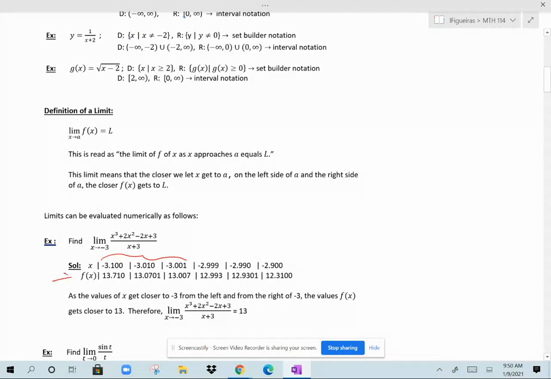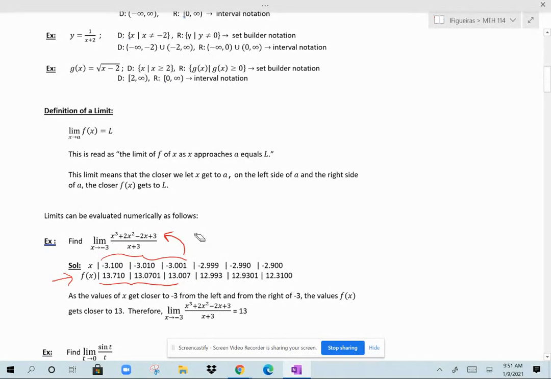These f of x values are the result of plugging in the numbers above into the function. So for example, for -3.001, that number replaced all of the x's, and when you compute that, you get that the y value is 13.007.